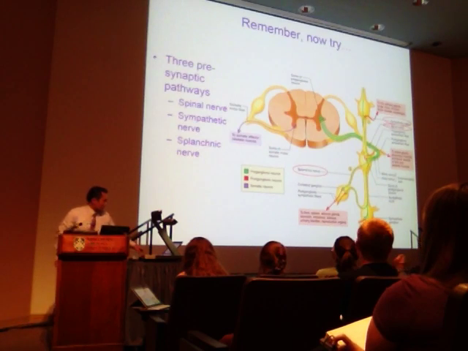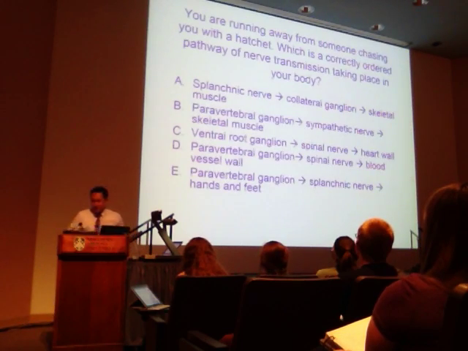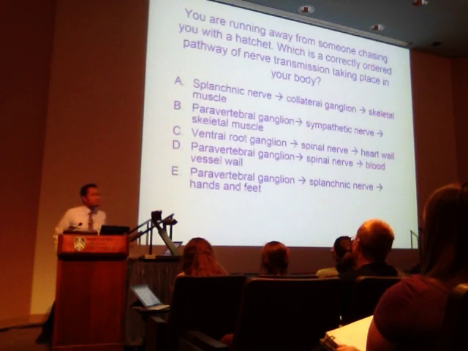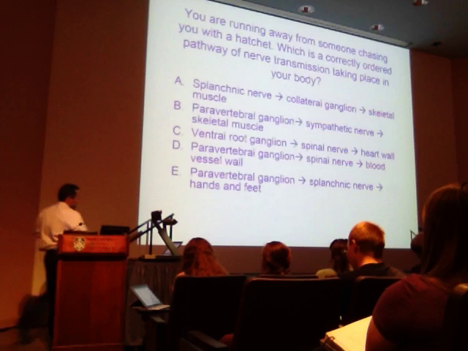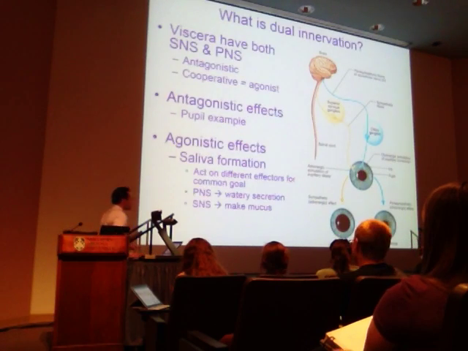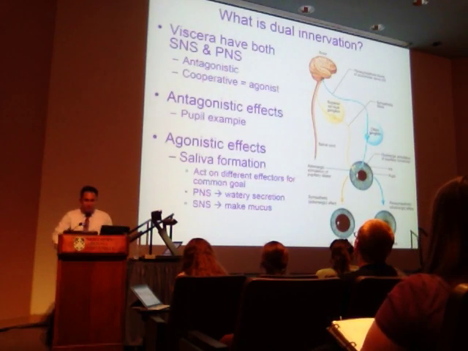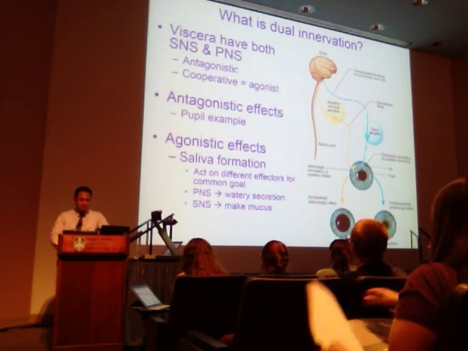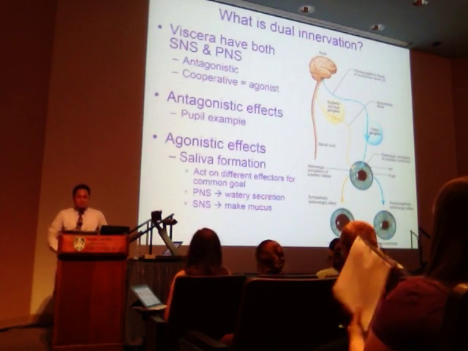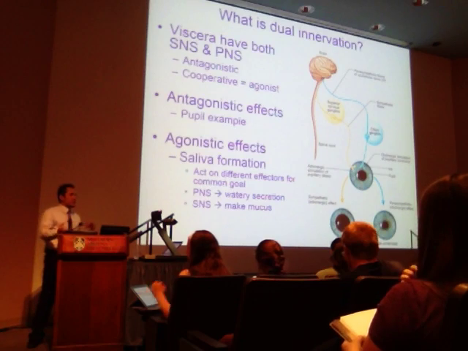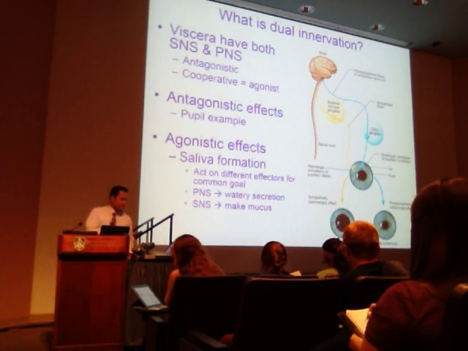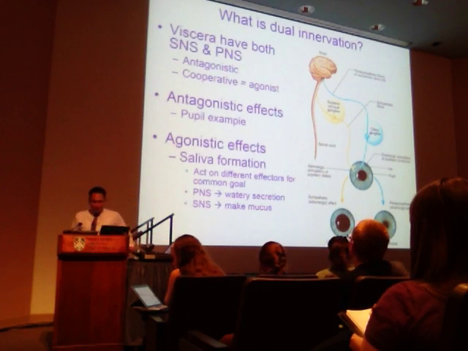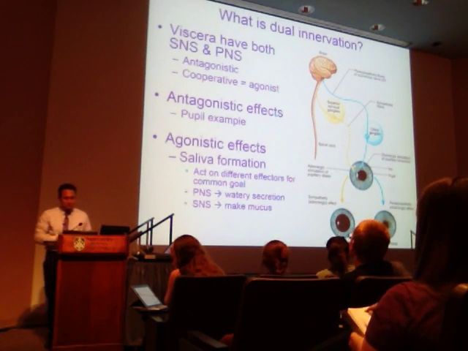All right. I mentioned that we have the opportunity for dual innervation. And that's what we're talking about now. I want to give you some examples in the remaining time of dual innervation. Dual innervation means that you've got sympathetic and parasympathetic fibers going to that organ. It gives you a greater level of control.